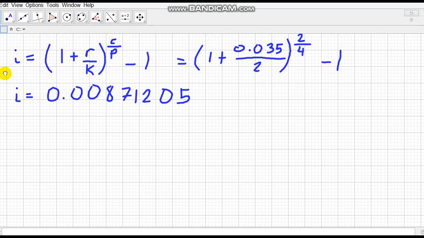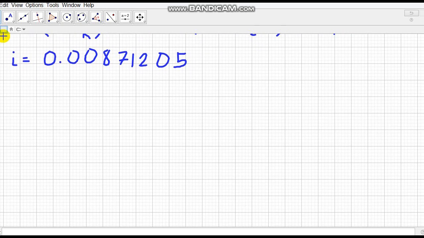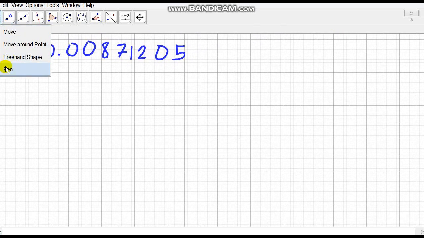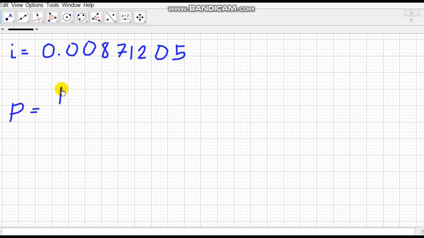Remember that we are going to invest in order to earn 1 million at the end of 30 years. So we are going to use the formula for general ordinary annuity with the future value given. So P is equal to future value times i all over 1 plus i raised to n minus 1. That's what we're going to use.